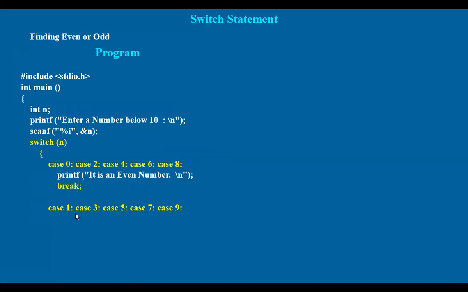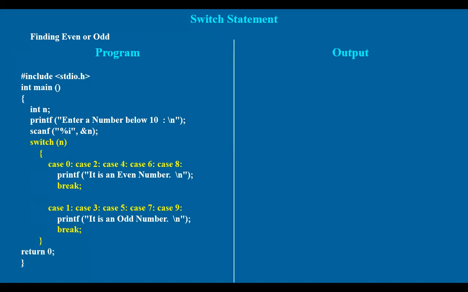Next, case 1, 3, 5, 7, 9. These are all odd numbers. It says it is an odd number, breaks and comes out. So we need not write a lengthy program, and we need not repeat the same statements for different cases. Let us compile this and execute.